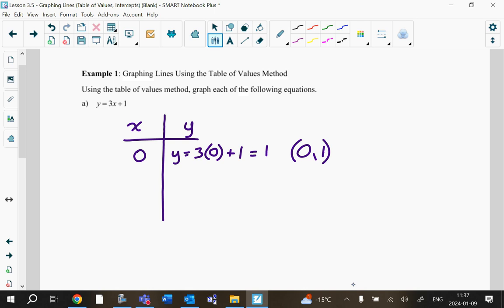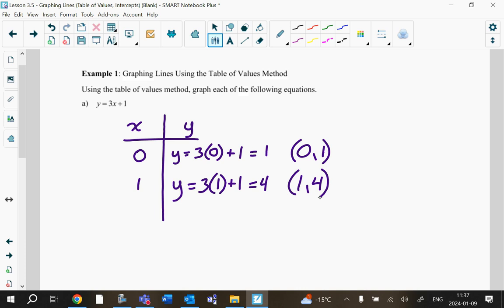What's another easy number to work with? 1. So if I plug 1 into this equation and calculate for y, I'm going to get 3 times 1 plus 1. 4. That's the second point. That's actually enough.